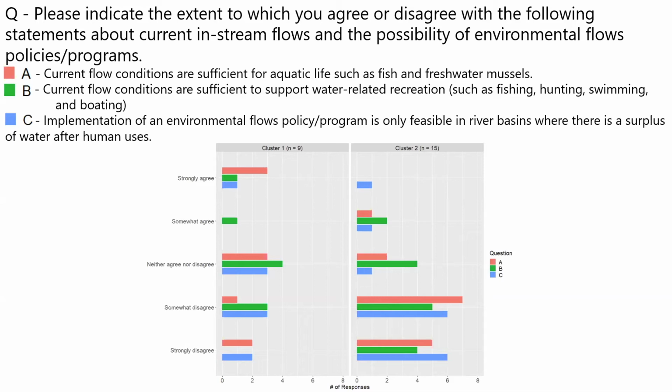And the last question asked, is implementing environmental flows only feasible in river basins where there's a surplus of water? I think there were some differences between the 2 groups here. This second group sort of disagreed with those, kind of saying that no, current flow conditions aren't sufficient. There was a pretty big split in the first group, so not a lot of people came to any sort of agreement.